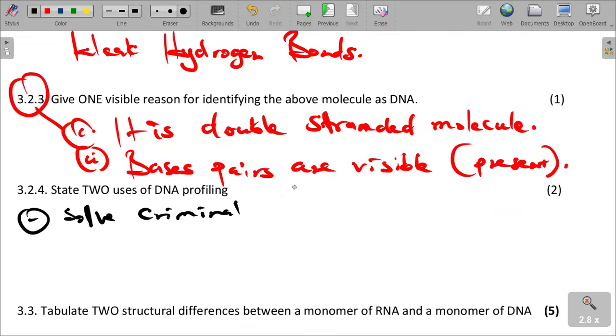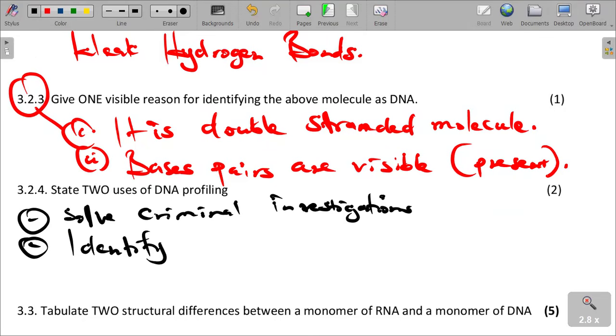When police have got unresolved cases, they can further find the perpetrators through DNA samples. That is very important. We also use it for identifying family relationships.